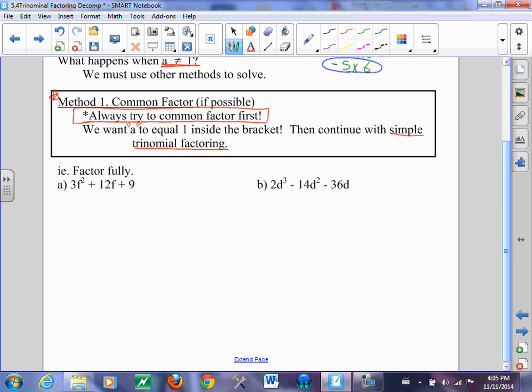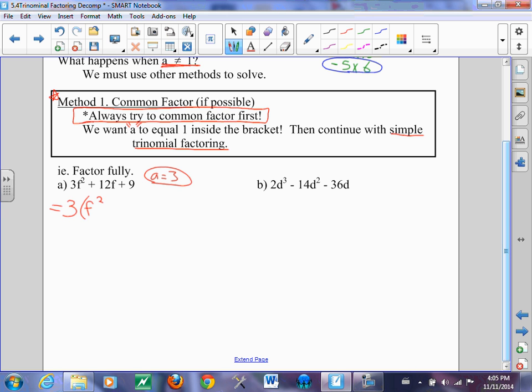So if you didn't master last day's lesson, let's see if we can get that figured out right now. So taking a look at example A, first of all, notice that the letter value for a is 3. Okay, we want it to get 1. So can we common factor a 3 out of every value or every term? Yes. So we're going to put the 3 out front and factor through, or divide through, do a common factoring.